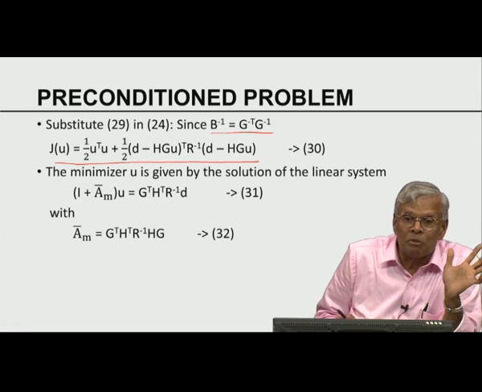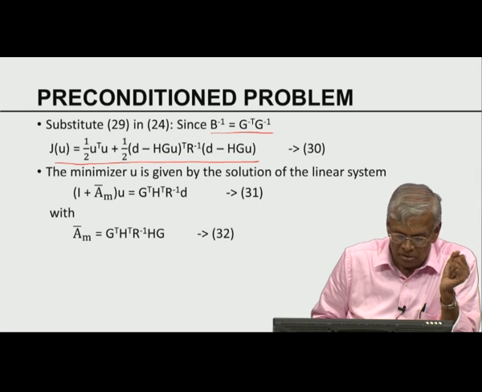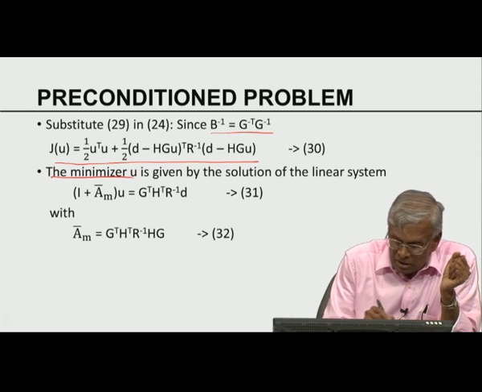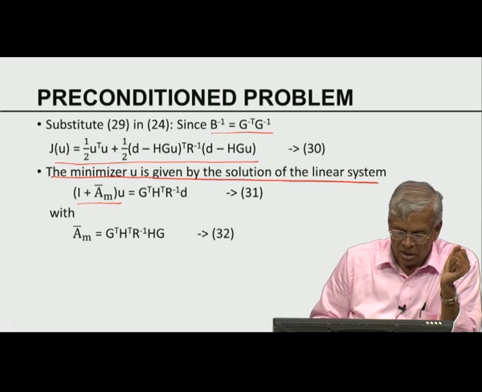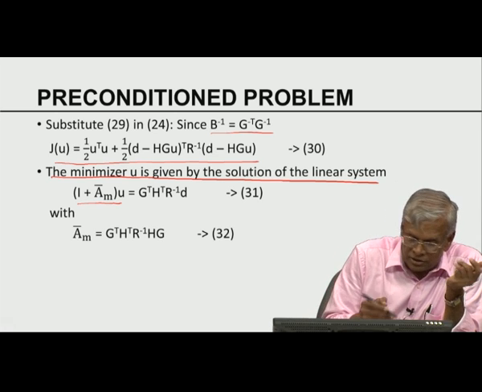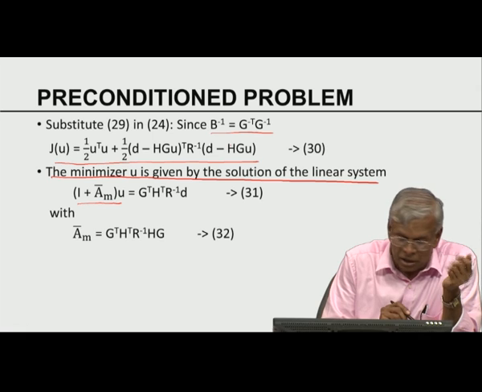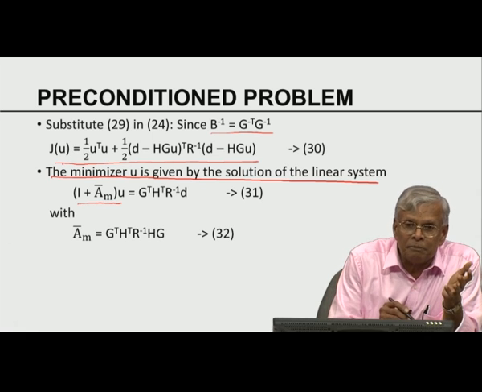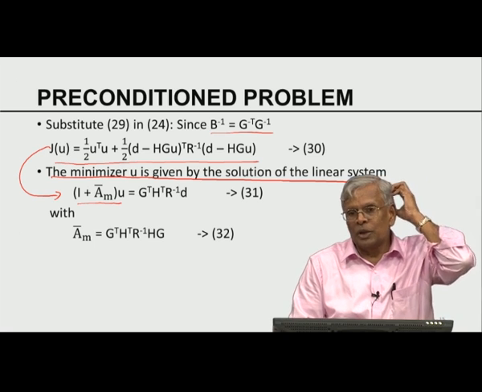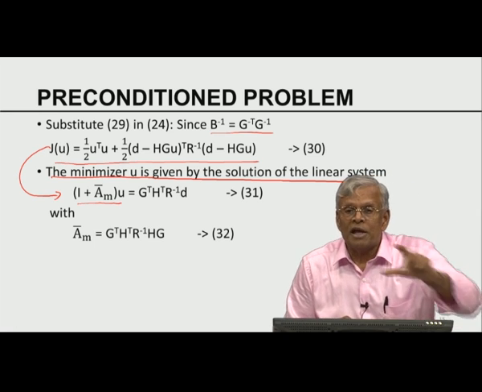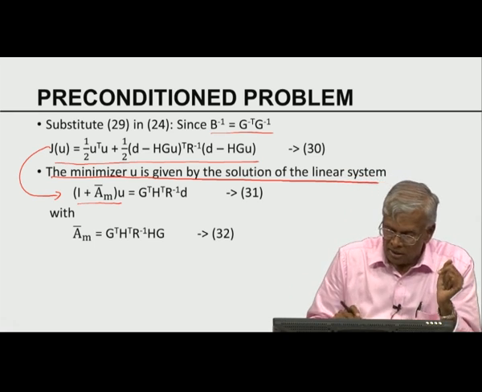In the first term there is no B, B is gone in the new variable. And what is the minimizer? The minimizer of this is given by this. I am not trying to show you all the steps. 30 is a quadratic function. Compute the gradient, equate the gradient to 0. You get the optimal solution in the new variable U to be given by 31.